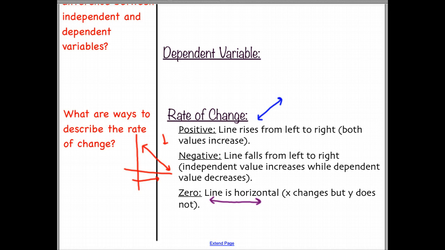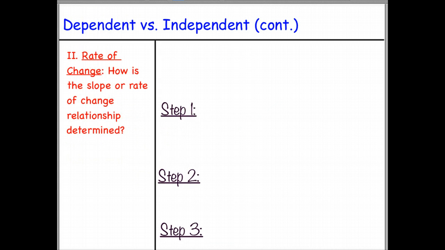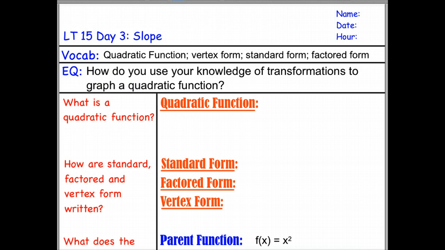When it was 0, the line was horizontal. So the x changes, but the y does not. So that's going to be our rate of change. Our rate of change is going to be 0 because our x value changes, even though our y values do not.